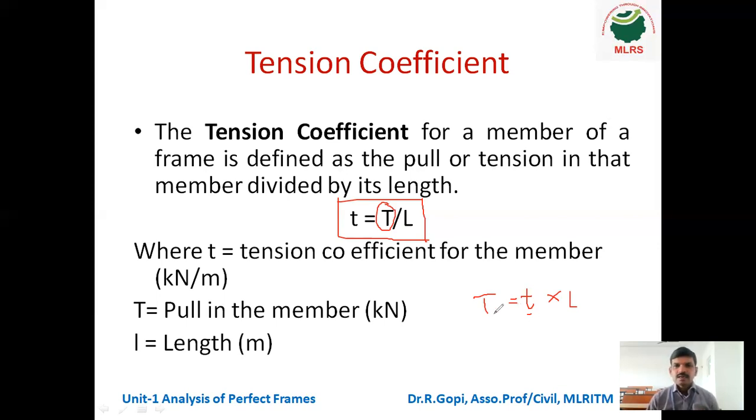Based on that, we can easily calculate T. This is an important 2 mark question: the tension coefficient for a member of a frame is defined as the pull or tension in that member divided by its length. So small t is equal to capital T divided by L. So this is the problem.